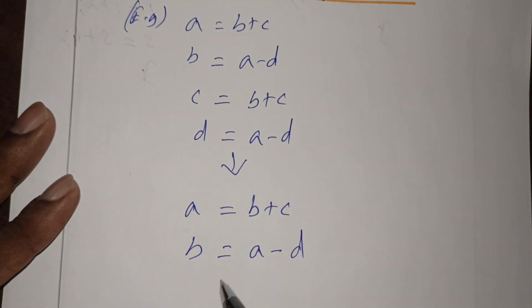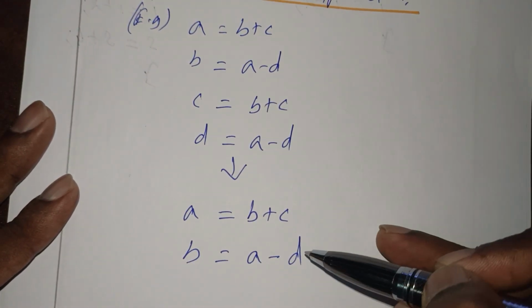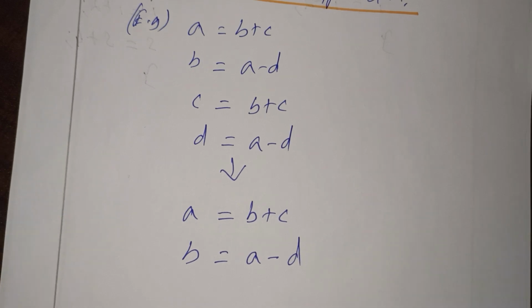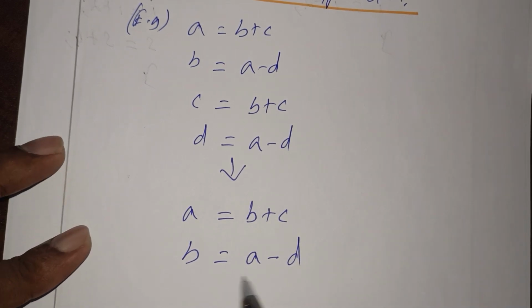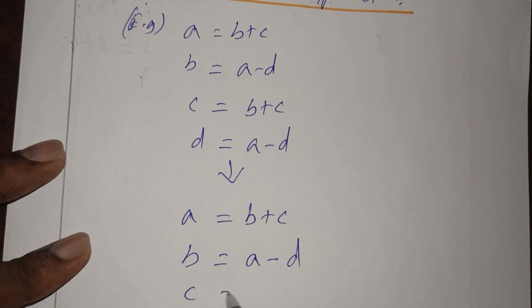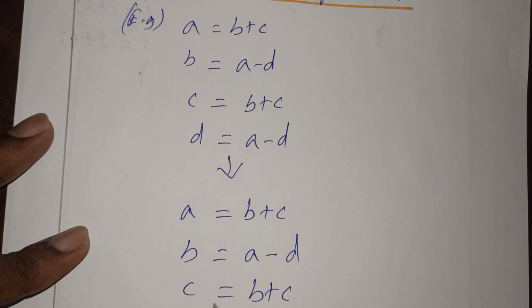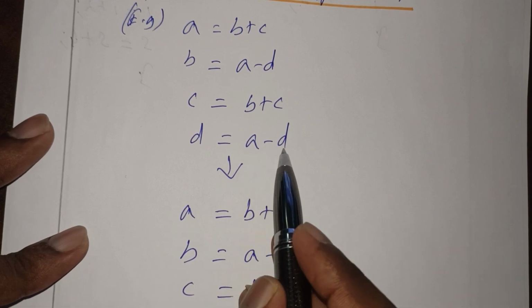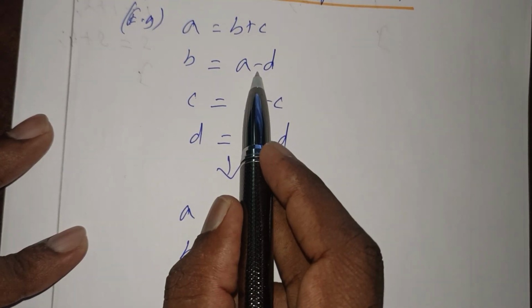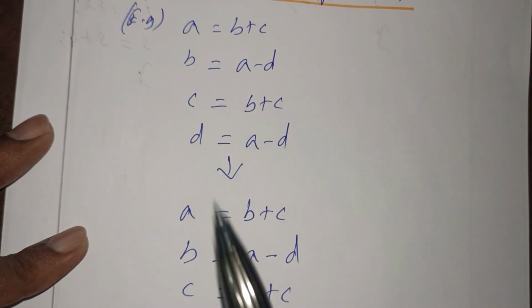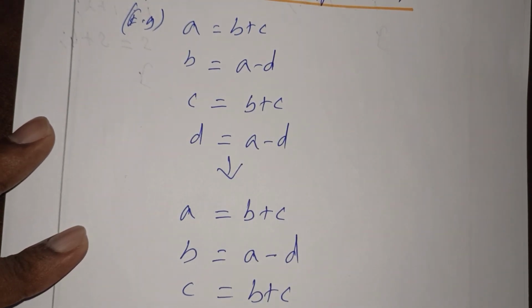Now I am checking which code has to be replaced without affecting any code in future. So I keep C is equal to B plus C as it is. Now I have A minus D. A minus D is already there, so I am replacing this A minus D with B. So D is equal to B.